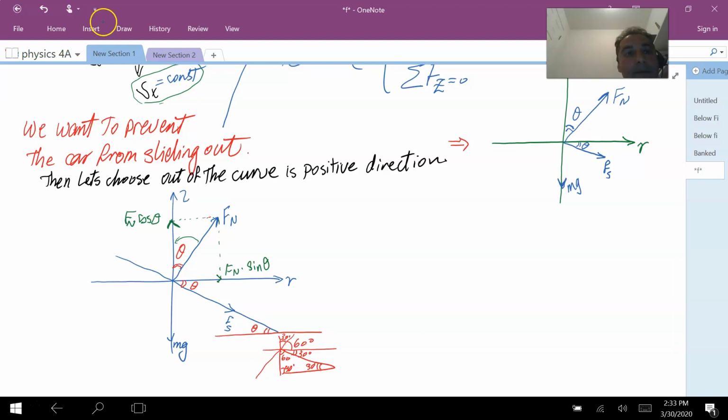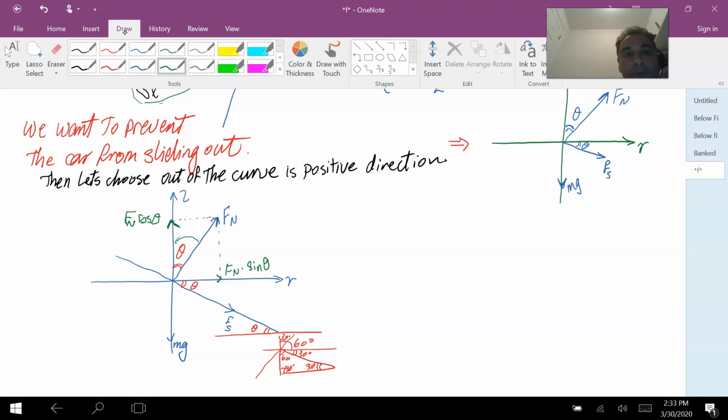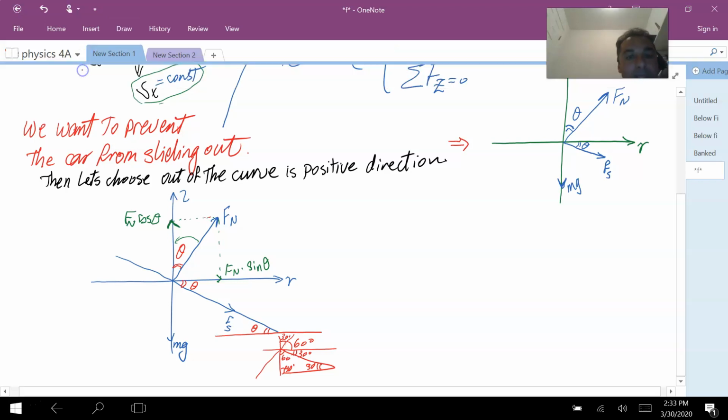This is for Fn. Let me do for Fs. By what color you want me to do? By black one. Okay. So here is theta. And remember, you eat the angle, correct? It is adjacent.